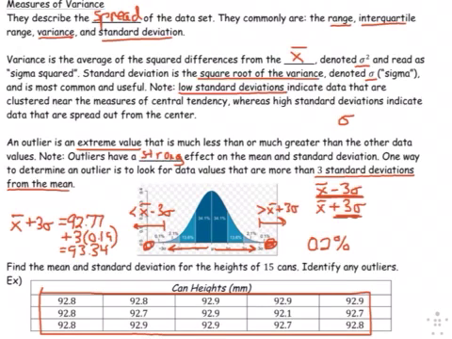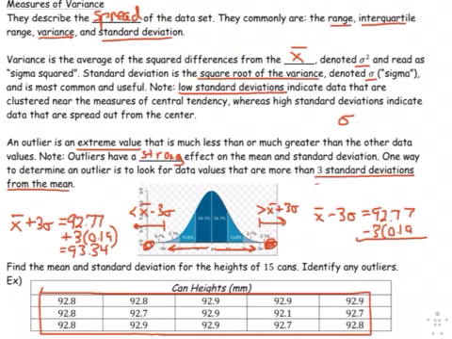And then to find the other side, we'll do X bar minus 3 sigma, and that is 92.77. So we're always starting from the middle and then looking 3 standard deviations to the right and then looking 3 standard deviations to the left. And this sums out to be 92.13. So anything that is greater than 93.34 is an outlier.